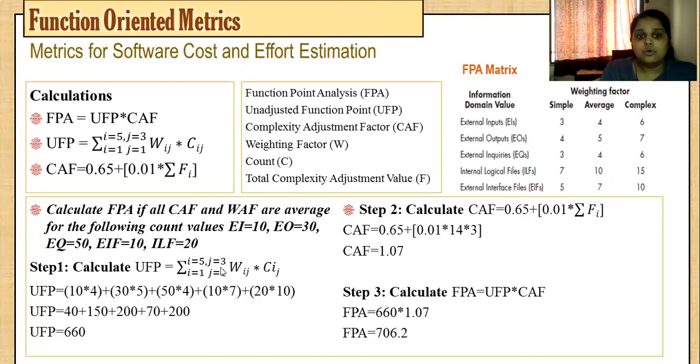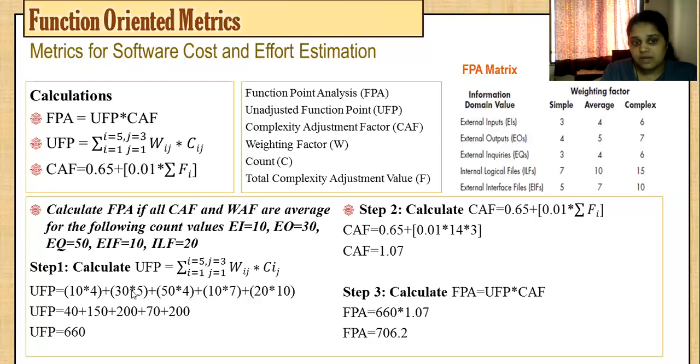Now you are supposed to take the product of weight and count. So let us calculate the UFP. First 10 is nothing but your EI. EI is 10, so count I have written 10. I have to multiply it by the weighing factor of EI. The weighing factor of EI average is 4. So 10 into 4. Next is EO 30, and EO average is 5.